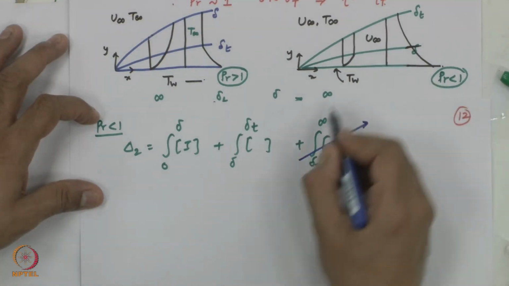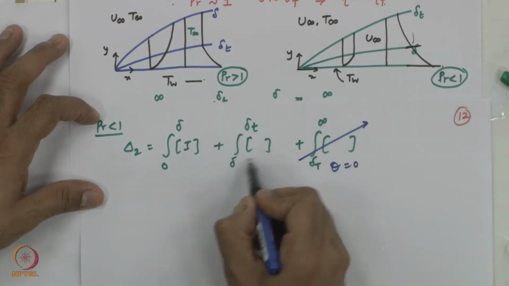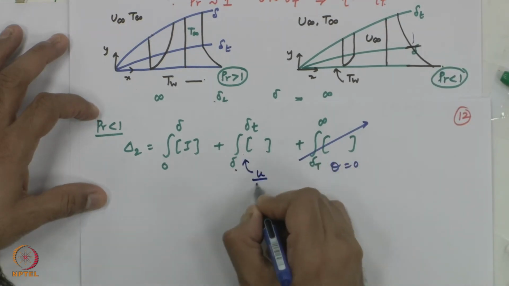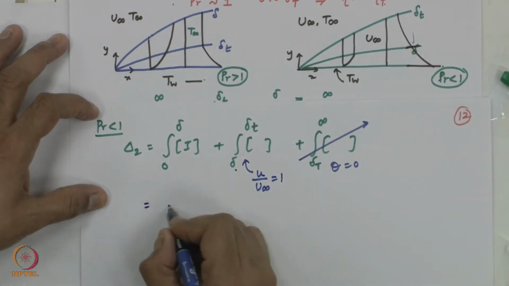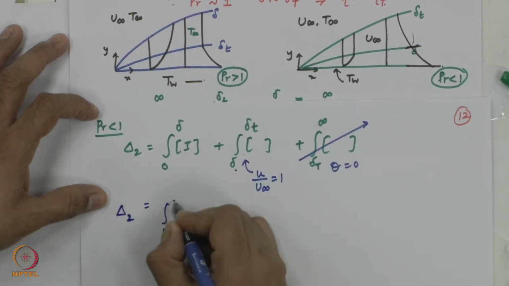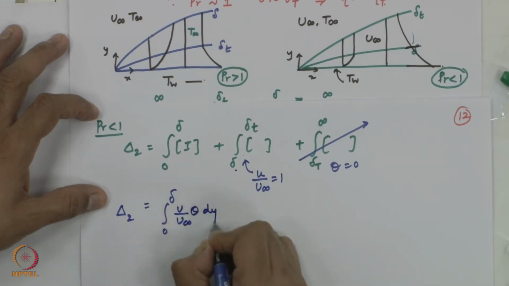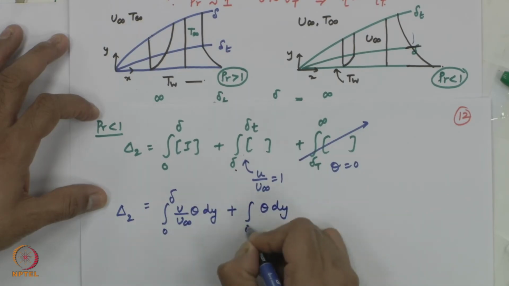In this part, Prandtl number less than 1 case, in the second part, u by u infinity is 1 because u is equal to u infinity here. So, my integrand, the enthalpy thickness, is integral 0 to delta of u by u infinity theta dy as it is, plus theta dy from delta to delta t.